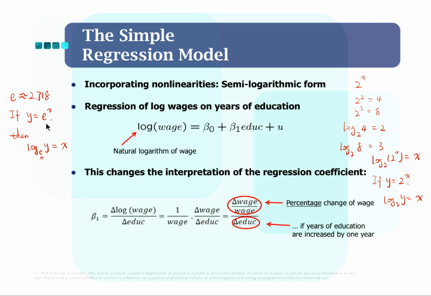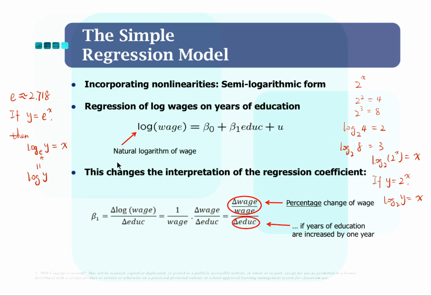If the base of the log is this Euler number, and this is the exponential function, then this is the natural log. So we simply write log y or log x. Log y equals x. This is the meaning of this log, if you don't know this.